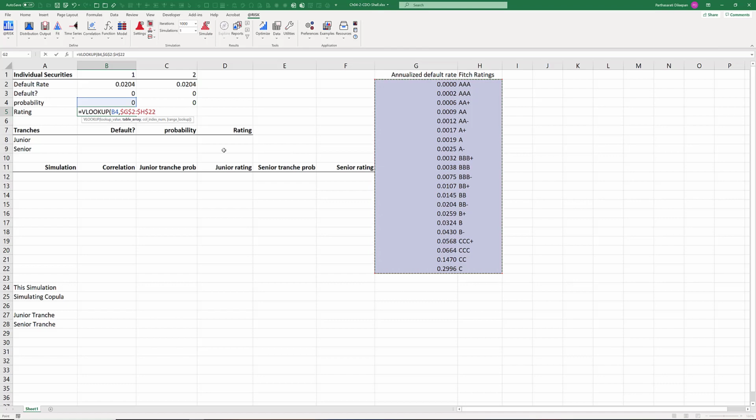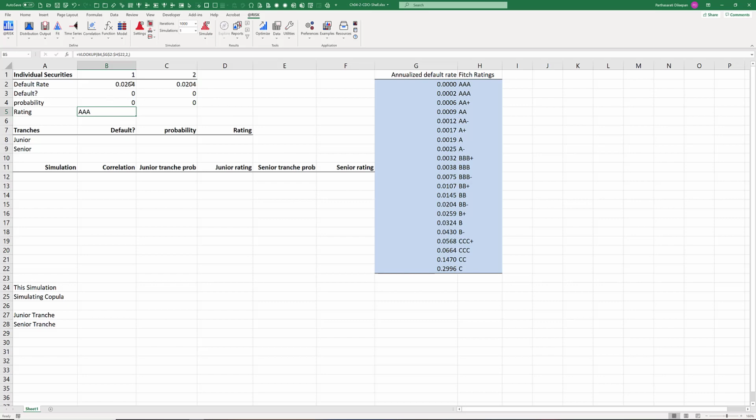Then we have to indicate the column from which the rating should be read, which is 2. And then we have to select whether approximate match is okay or you need exact match. Of course, we're not going to need an exact match, because exact match may never happen. So we want the closest that we get to. So that will be true.